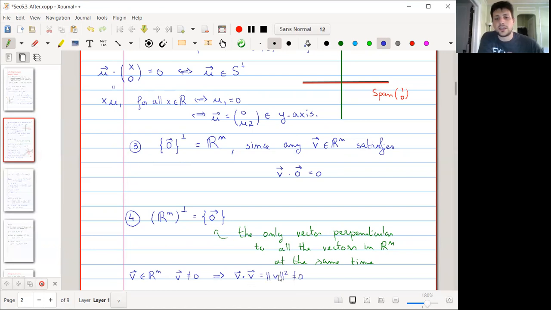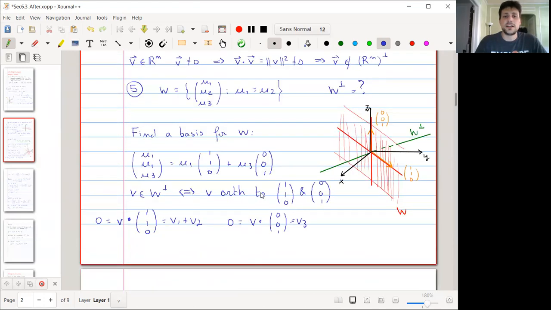It has some length. And so V does not belong to Rn perp because it is not perpendicular to all the vectors in Rn. In particular, it's not perpendicular to itself. In other words, the only vector that can be perpendicular to all the vectors is the zero vector.